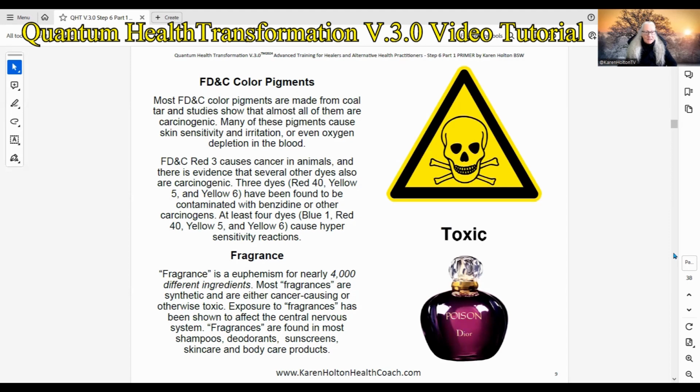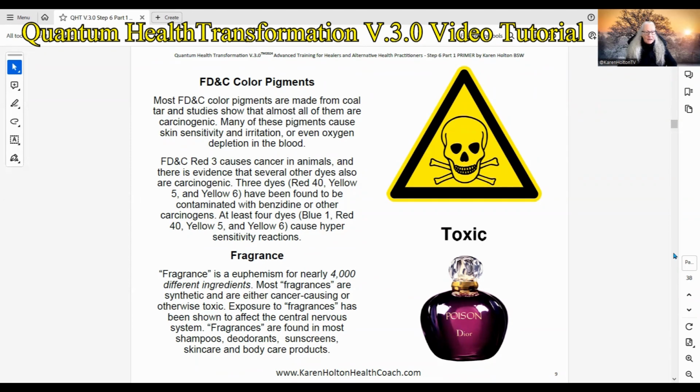FD&C color pigments. Most FD&C color pigments are made from coal tar, and studies show that almost all of them are carcinogenic. Many of these pigments cause skin sensitivity and irritation, or even oxygen depletion in the blood.